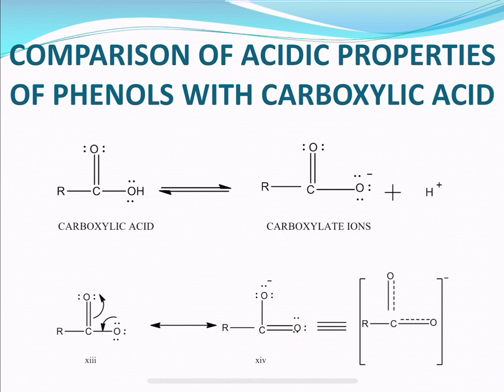So, this structure 14 is a resonance hybrid structure of carboxylic acid. In this way, the carboxylate anion and carboxylic acid both can be represented in terms of resonance hybrids as shown here.